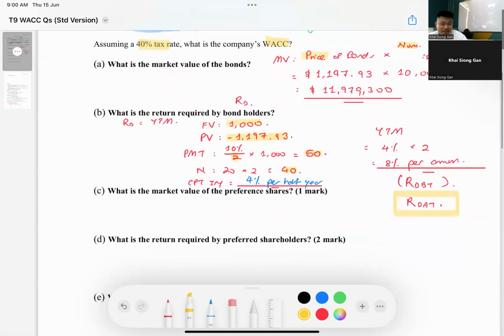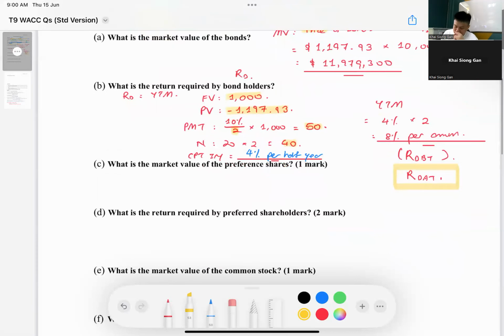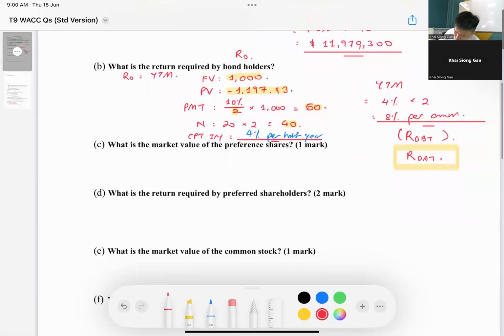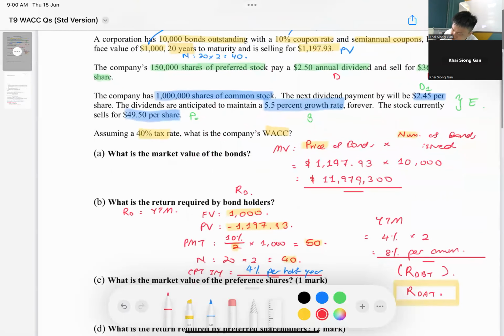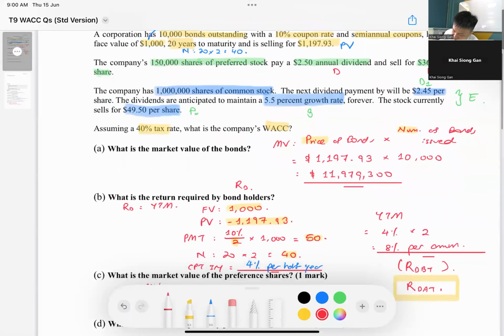Everyone can get the answers, so that's how you calculate the required return for bonds. Next, we calculate the market value of the preferred shares. Same thing, you use the price times the number of preferred shares that have been issued. The price is 36 and there are 150,000 shares.